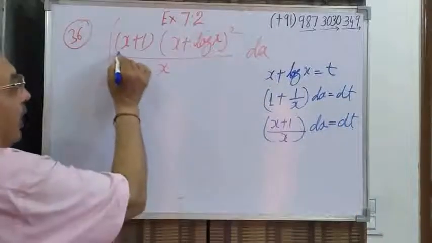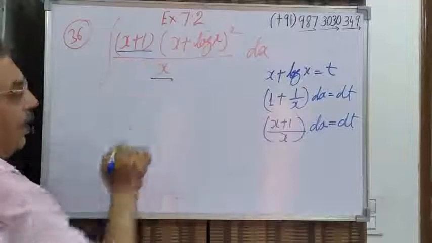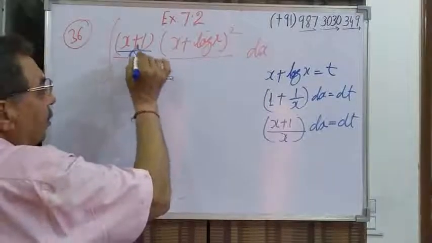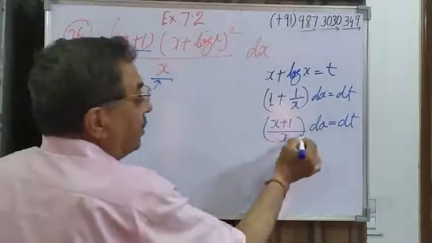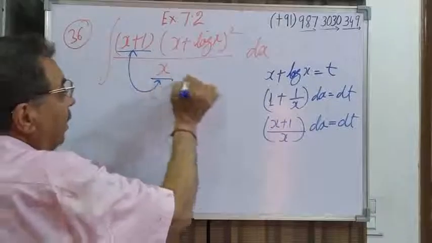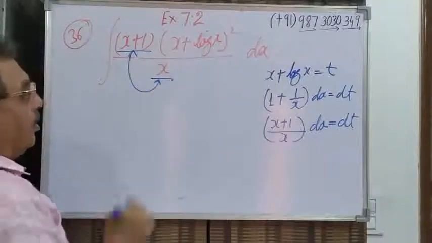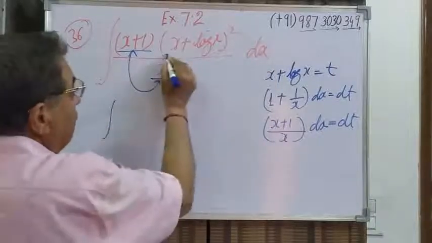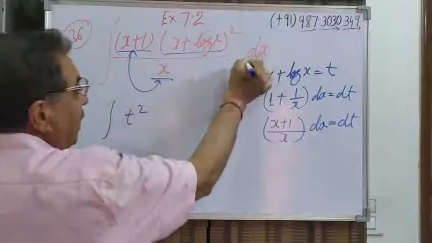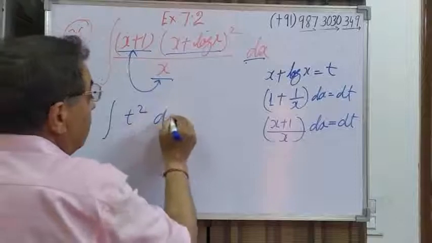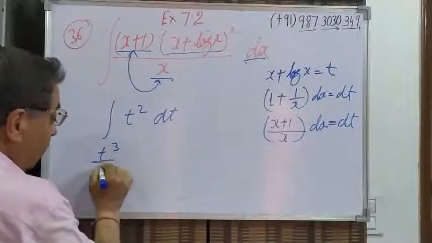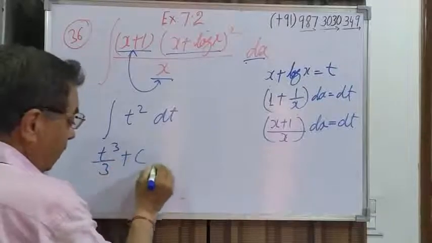So this whole can be taken as dt. The question becomes t square, and this with dx all becomes dt. The answer would be t cube by 3 plus c.